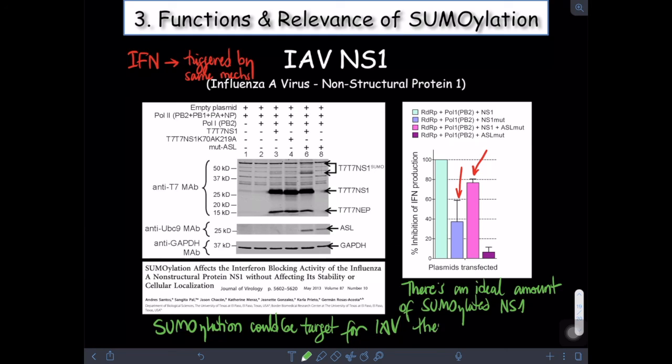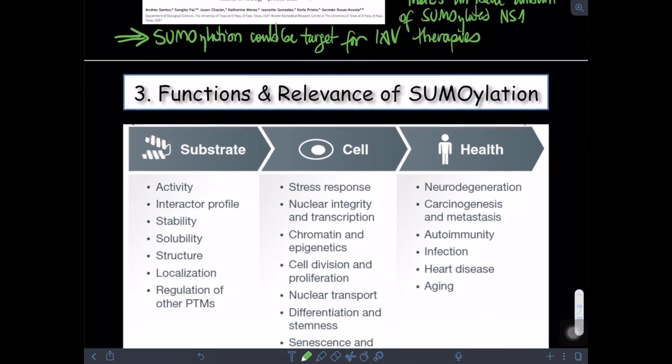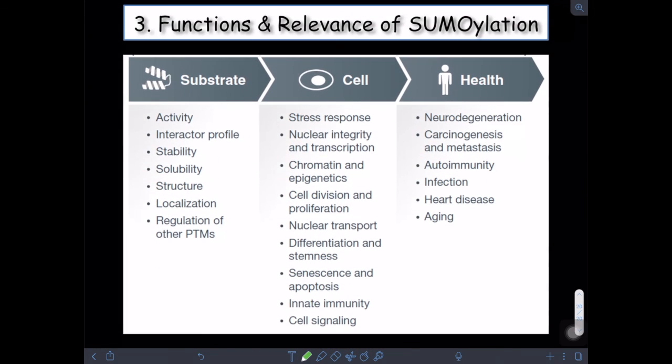While SUMOylation can be thought of as a post-translational modification affecting specific proteins within the cell, SUMOylation as a whole, as a cellular event, is known to modulate many processes that take place within the cell.